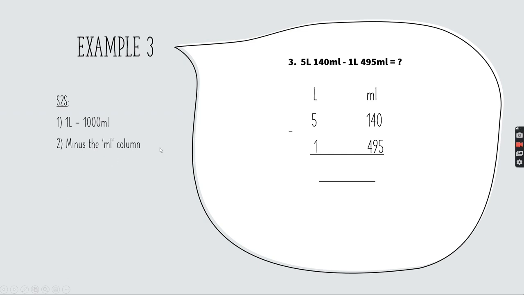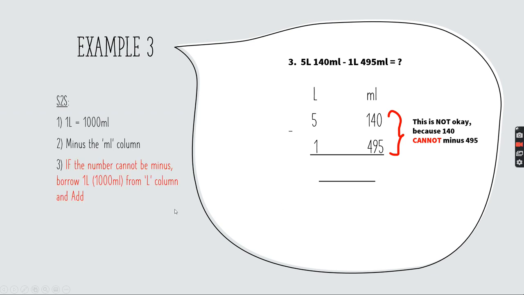Step 2, minus the ml column. Now let's focus at the milliliter column over here. 140 minus 495. Do you think we can minus? No, we cannot. So moving on to step number 3.